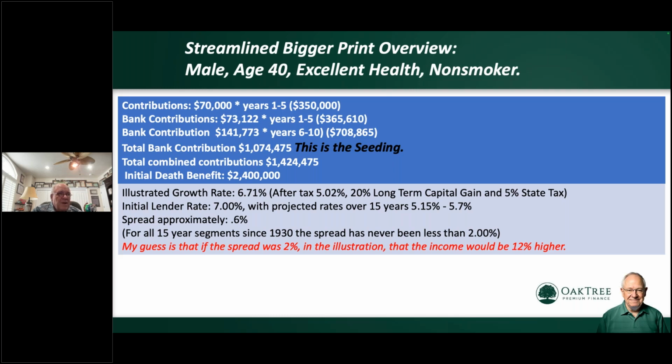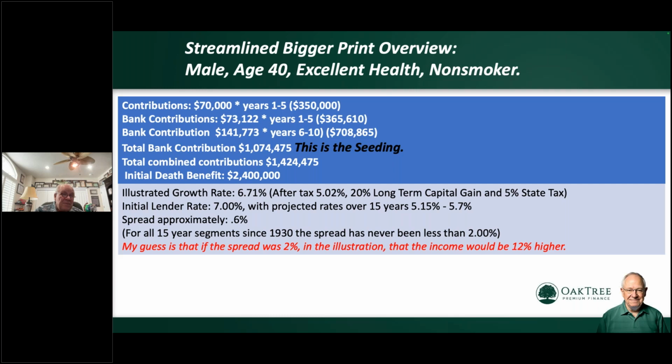I'm going to assume a 20% long-term capital gain rate, 5% state, so an after-tax return would be 5.02. We're also borrowing money on this illustration, and the initial lender rate is 7%. We're illustrating a 6.71 return and a 7% insurance borrowing cost the first year.